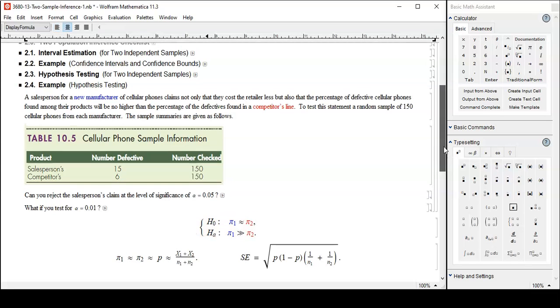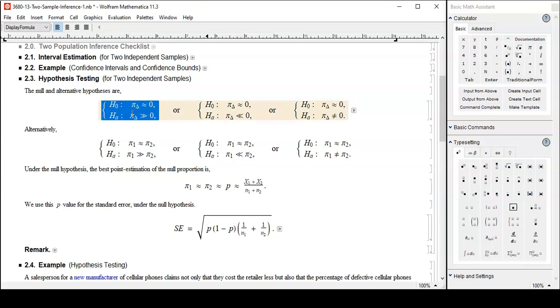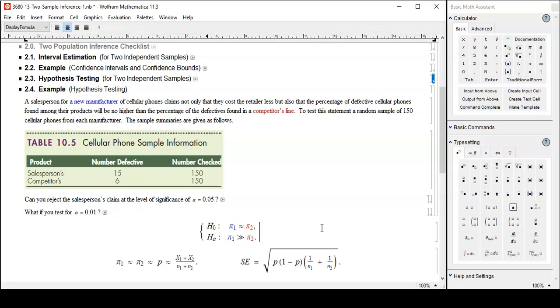Another way to do the same thing is to use the difference between the two. Either way, it works out.